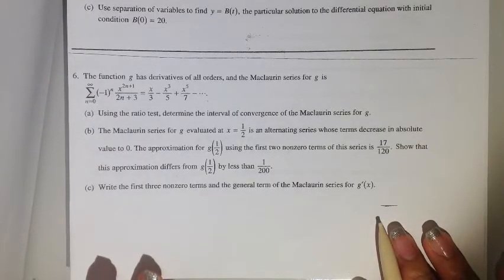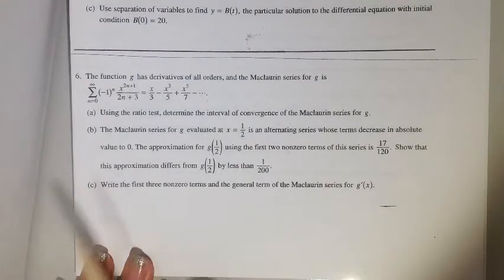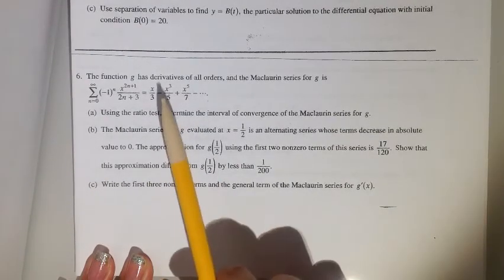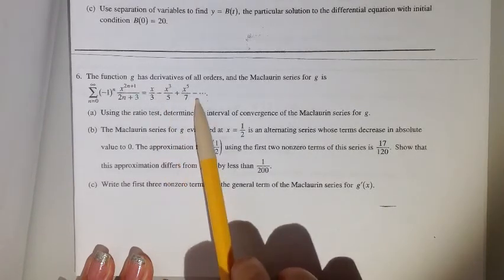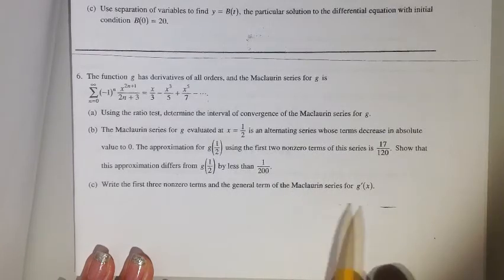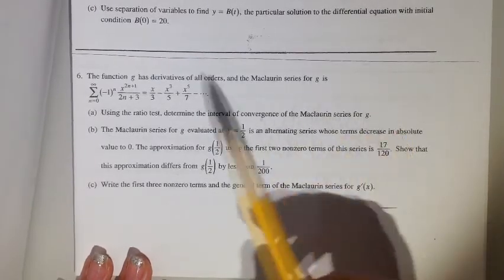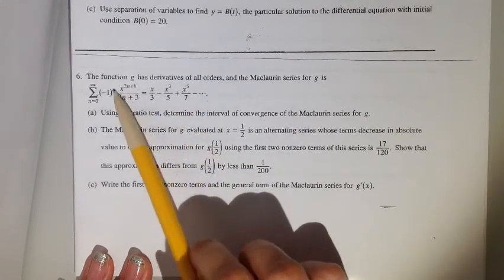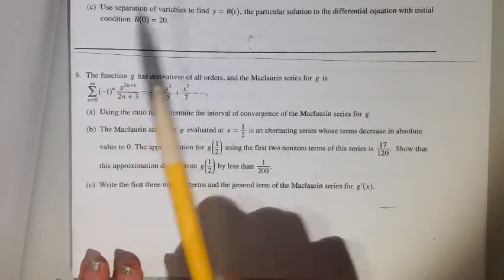For this next part, C, really simple. That asks you to find the first 3 non-zero terms, for example 1, 2, 3, and the general term. Don't forget the general term of the Maclaurin series for G prime of x. So you would take the derivative of each term and the derivative of the general term of G of x.